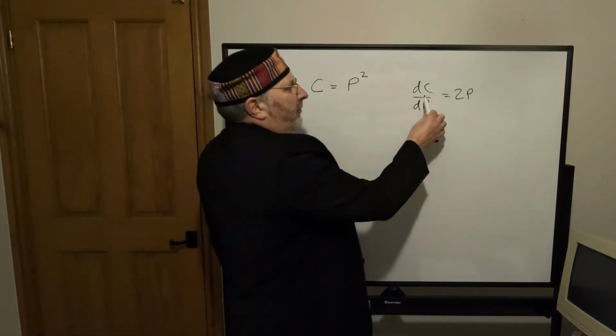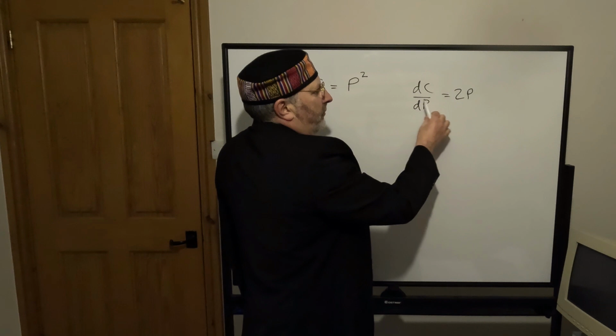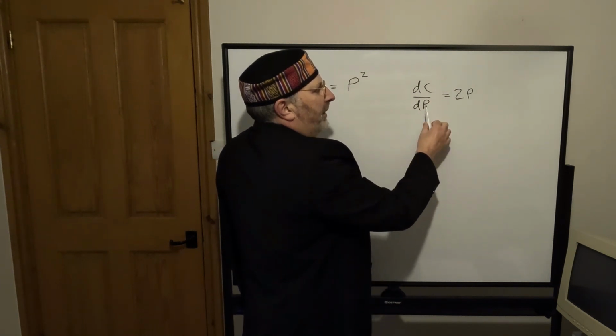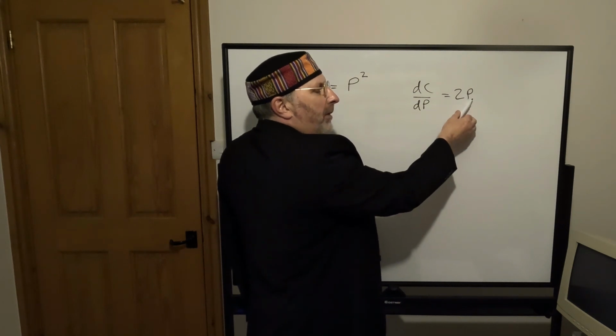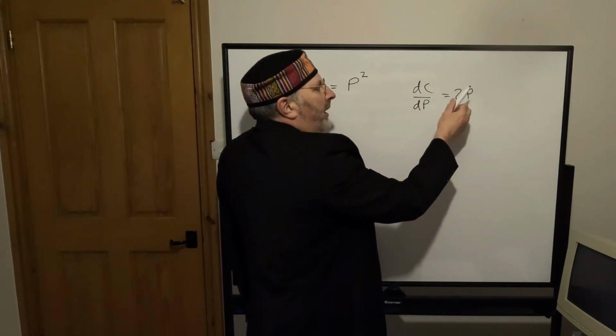So this is telling us that the per capita crime rate increases with population at a rate that depends upon the size of the city, the population size of the city.